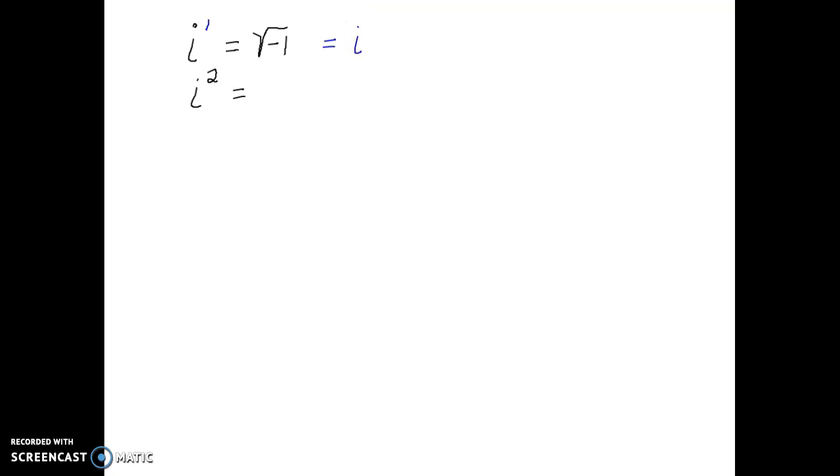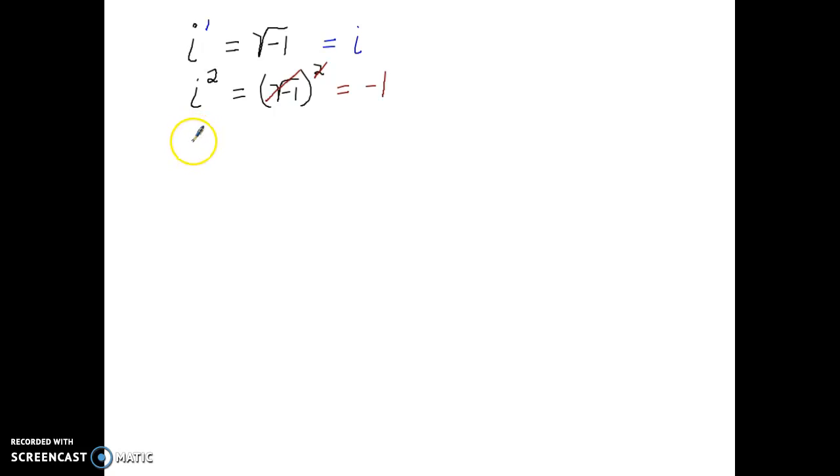Let's see what happens if we square i. That means I'm going to take √-1 and square it. Keep in mind that a square root and raising something to the power of 2 are inverse operations. Those undo each other. That means i squared actually equals the value -1.